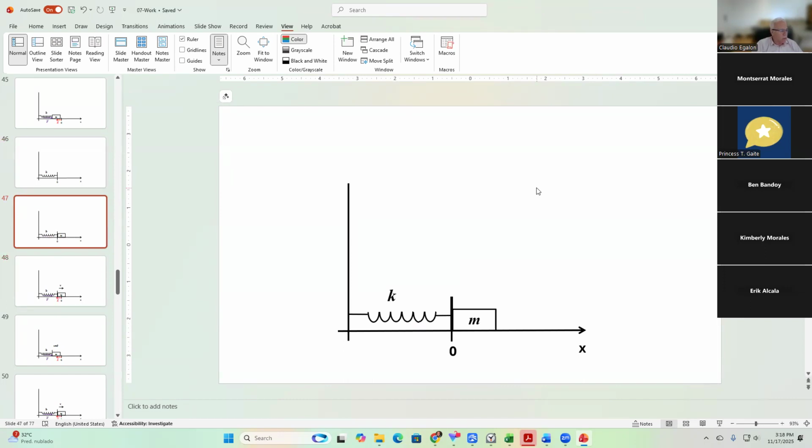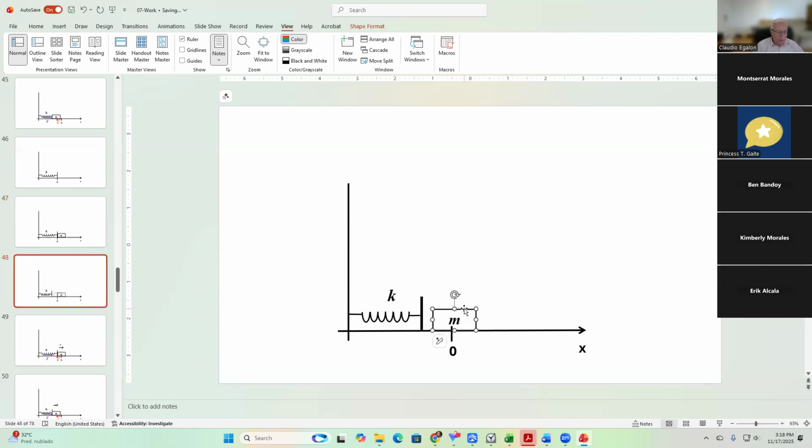What else do we do? We compress the spring with the mass. So to compress the spring with the mass, we have to do something like that, right? The plate is attached, but not the mass. Okay.